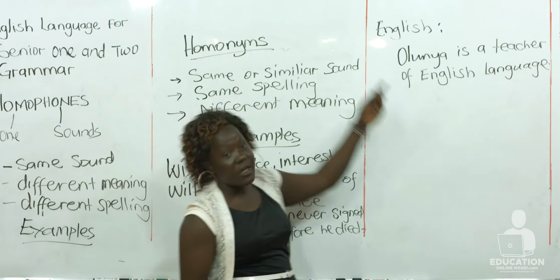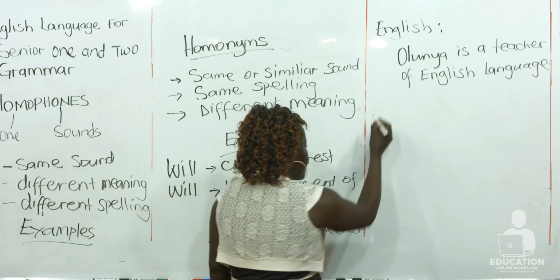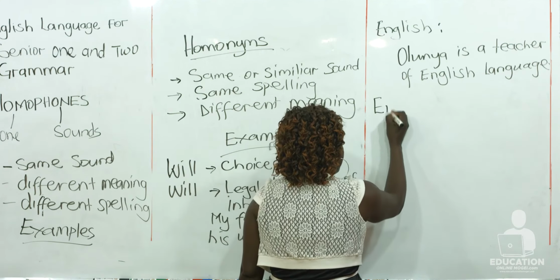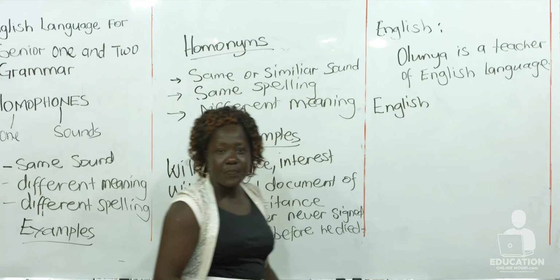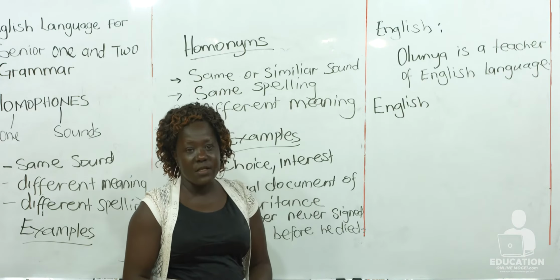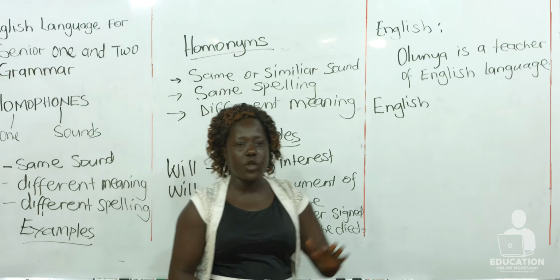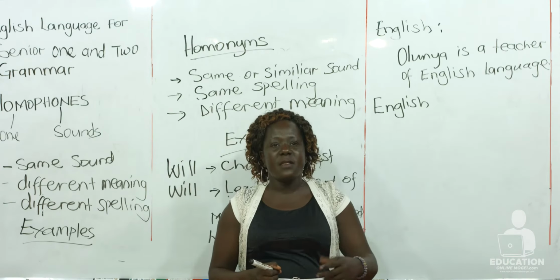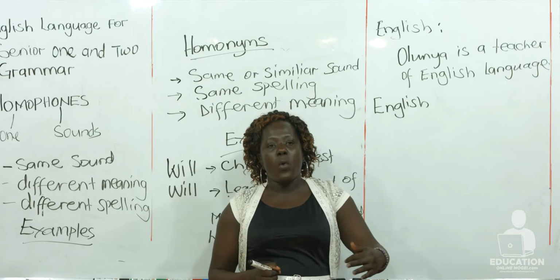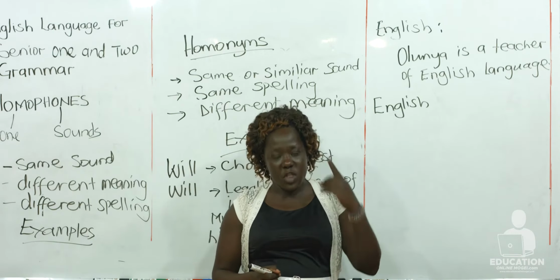Then what about the second English? English is both the language and the people. Just like Chinese. Chinese is the language of people who come from China. Meanwhile, Chinese are the people who are the natives of China.